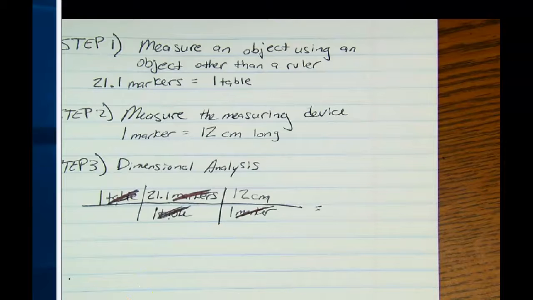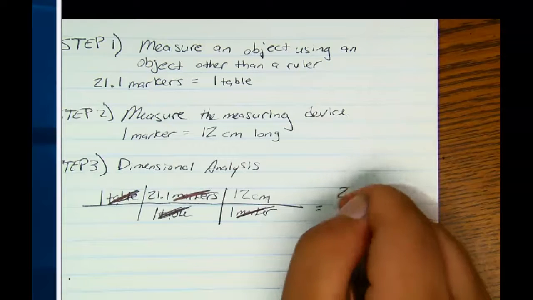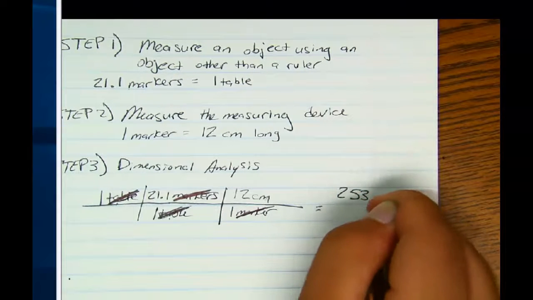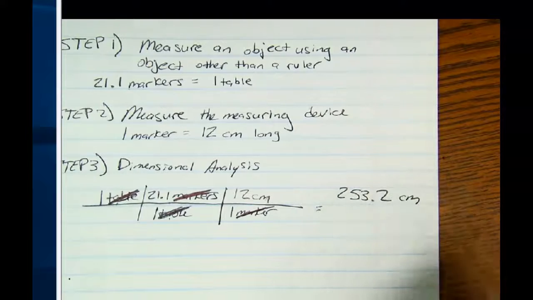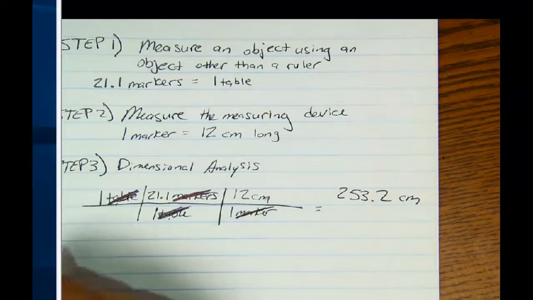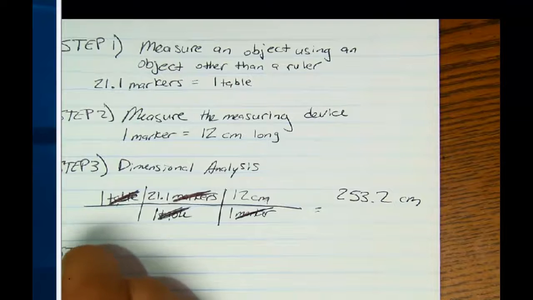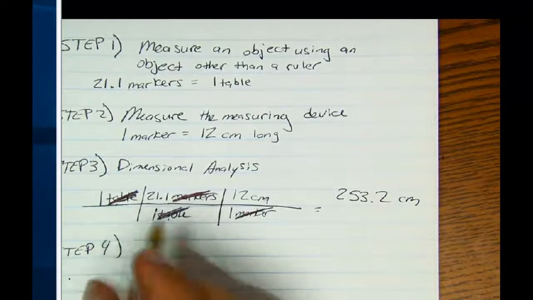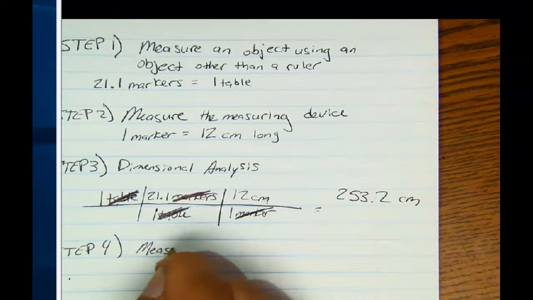So if I plug this in my calculator, I get 253.2 centimeters. Okay, so that's my answer. Now, I actually measured the length of the table, and the table is actually 243 centimeters. Okay, so step four, measure what you measured at first.